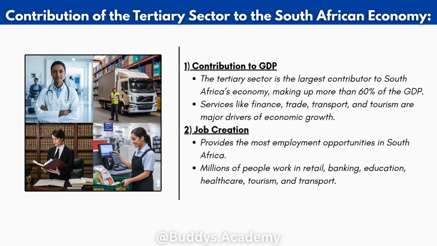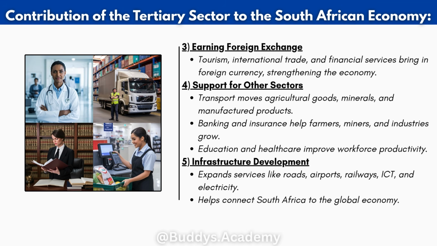Secondly, it will be job creation, right? So the tertiary sector provides the most employment opportunities in South Africa. Millions of people work in retail, banking, education, healthcare, tourism and transport. Thirdly, the tertiary sector is going to earn foreign exchange because your tourism, your international trade and your financial services are going to bring in foreign currency, and that's going to strengthen the economy.